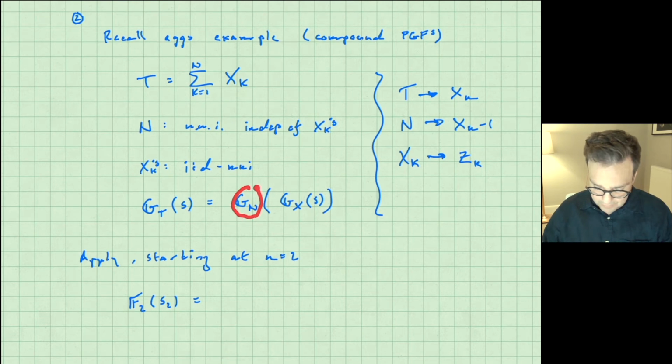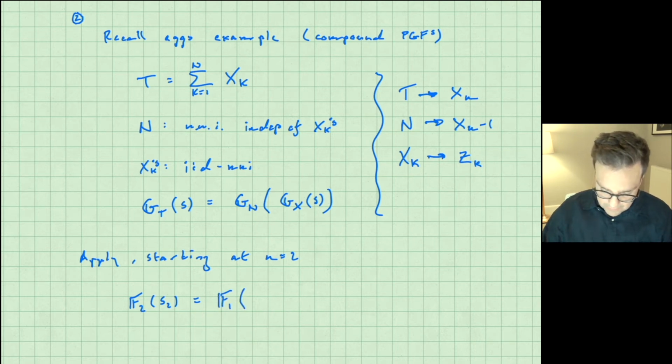So here we've got the PGF for this random variable, but this random variable in our case is going to be the previous x, right? So that PGF is going to be f sub 1, and its argument is going to be the probability generating function in this case for the offspring. So it's the offspring PGF. So we've got G and then S2 like that.